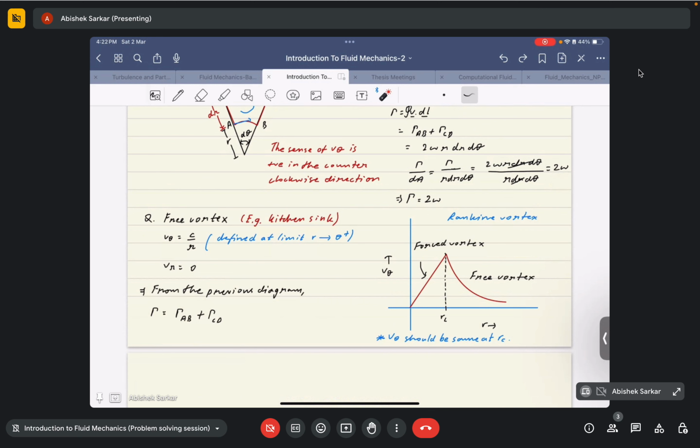Okay, so this is a very important conclusion, and the concepts of free vortex and forced vortex are also very extensively used in potential flows, and in fact in the modeling of tornadoes, of how the flow behaves within the diameter of the tornado, and how the flow decays outside the diameter of the tornado.